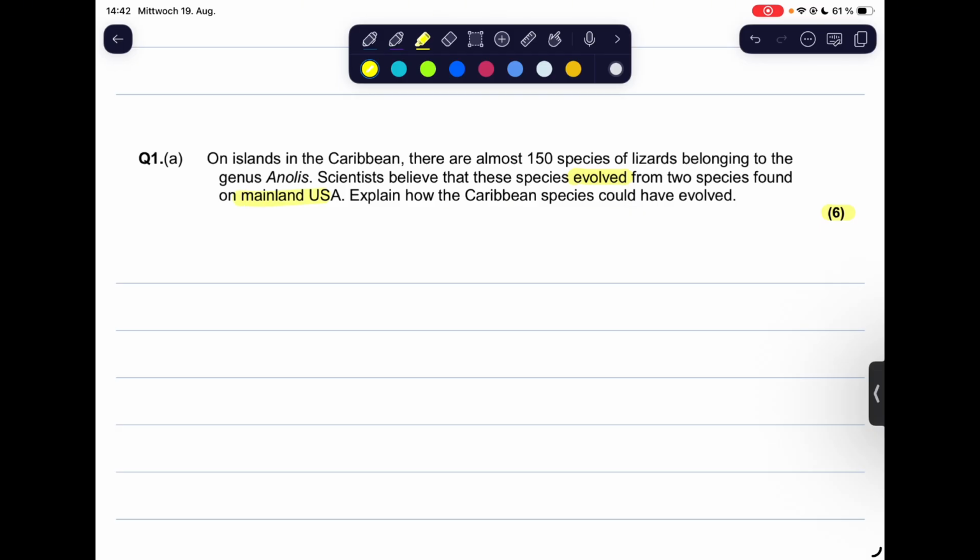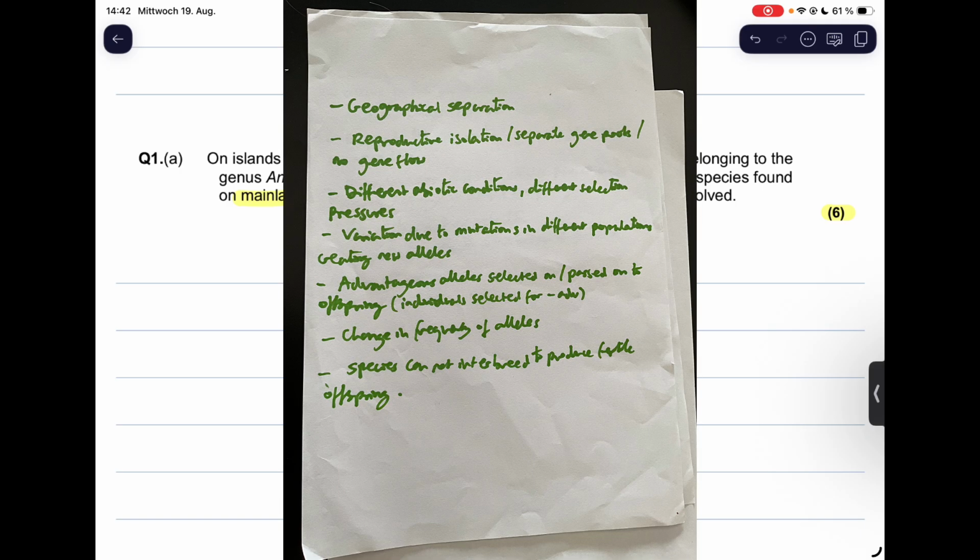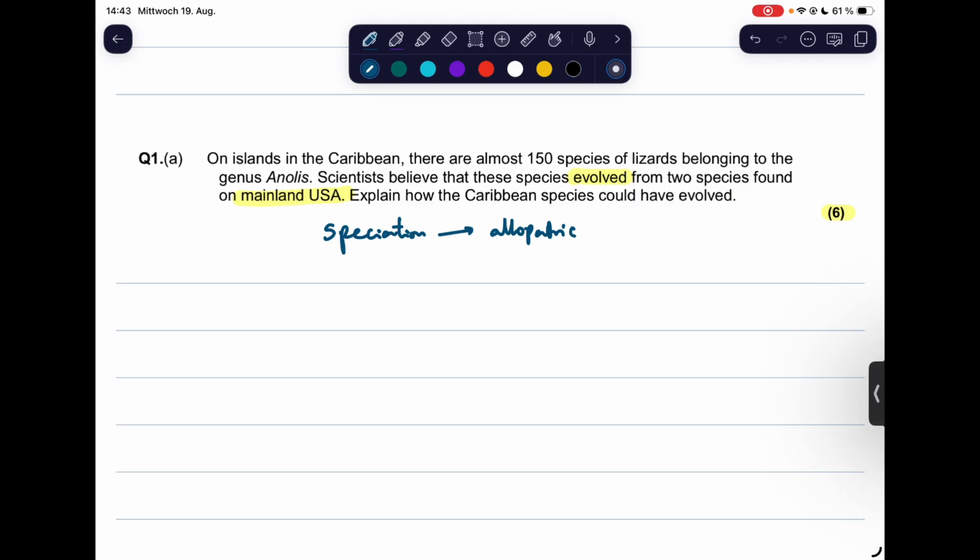Now we can see it's mainland, and so this is something called speciation, and it's allopatric. Thankfully, I have a scribble sheet on this exact question, so let's pop it up on the screen now. And I know exactly what to write. So I will write all of these points and let's compare it to the mark scheme.